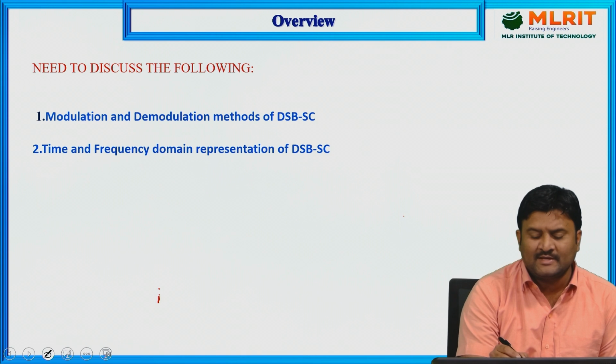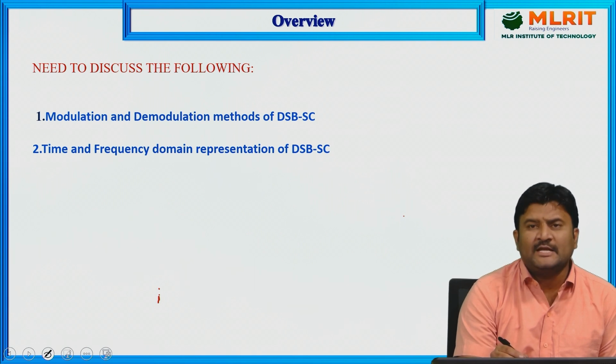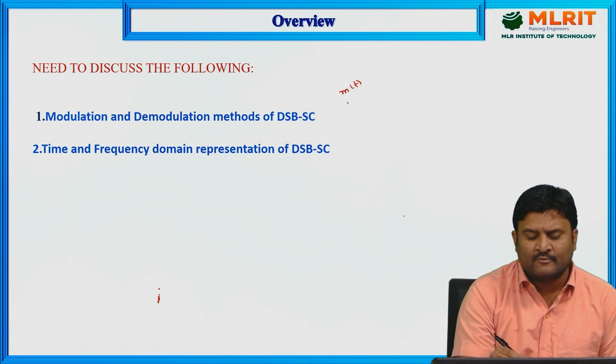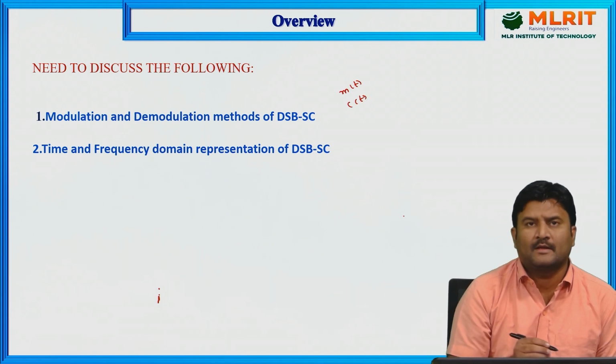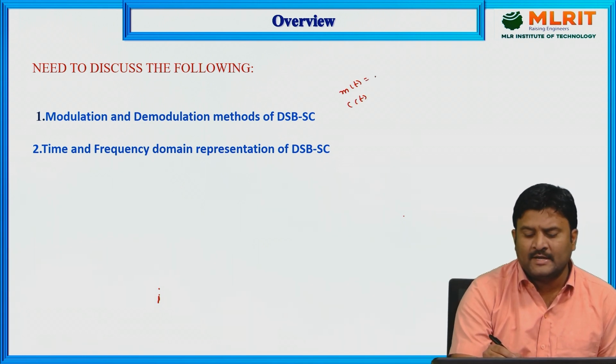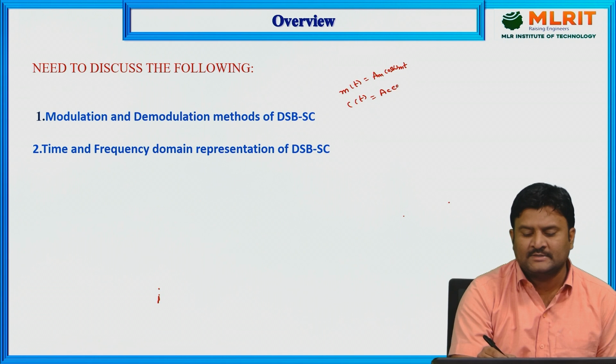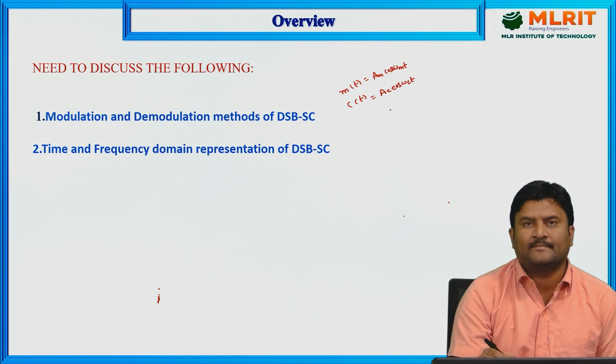Observe here, when generating a DSB-SC signal, we need m(t) and we need c(t). Then m(t) is Am cos omega m t and c(t) is Ac cos omega c t.